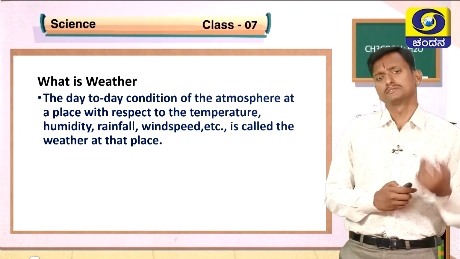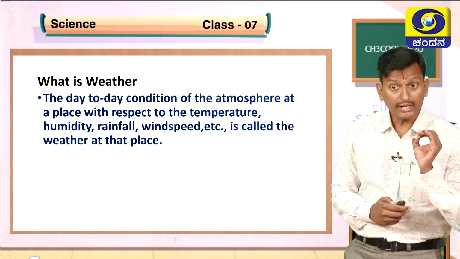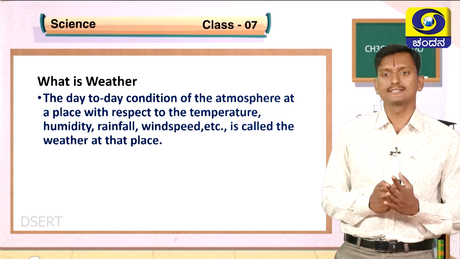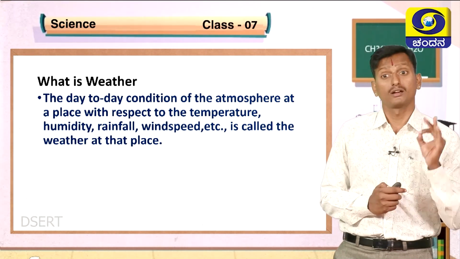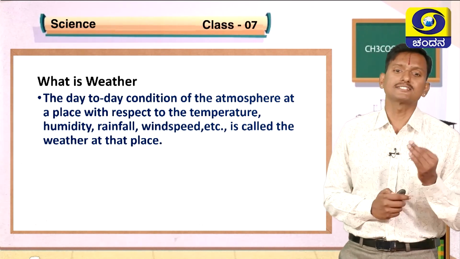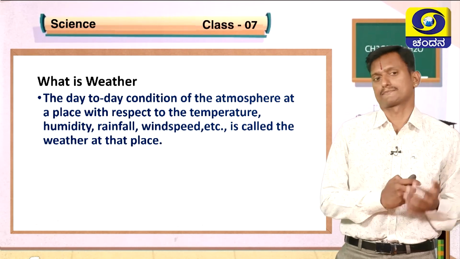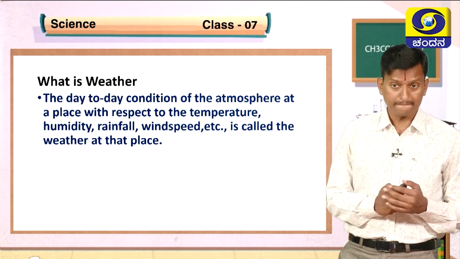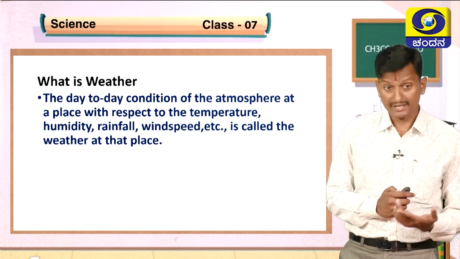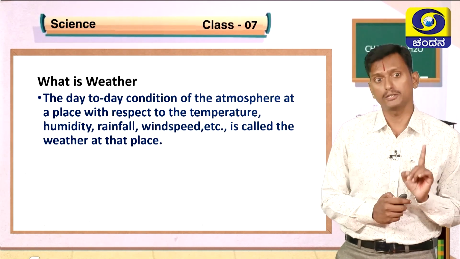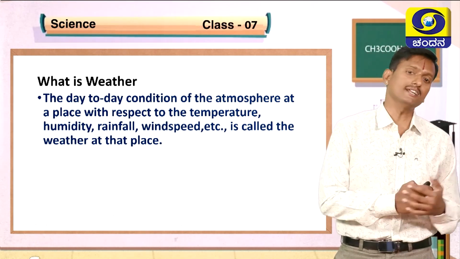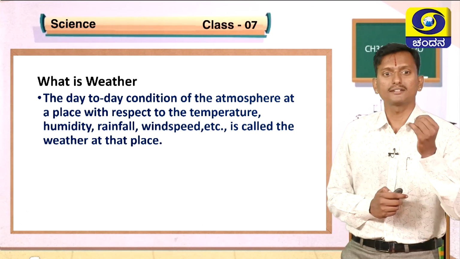So, what is weather? The day-to-day condition of the atmosphere at a place with respect to the temperature, humidity, rainfall, wind speed, etc. is called the weather at that place.